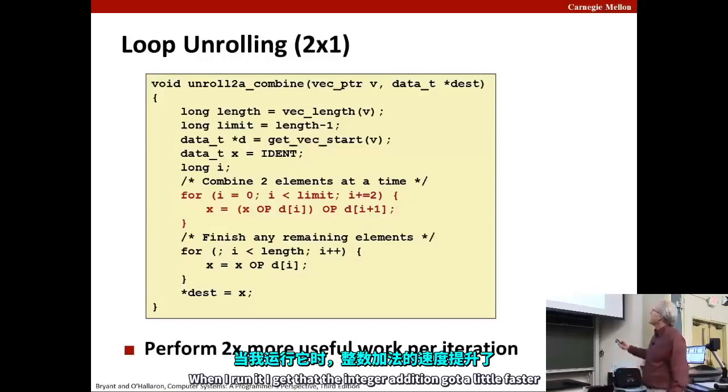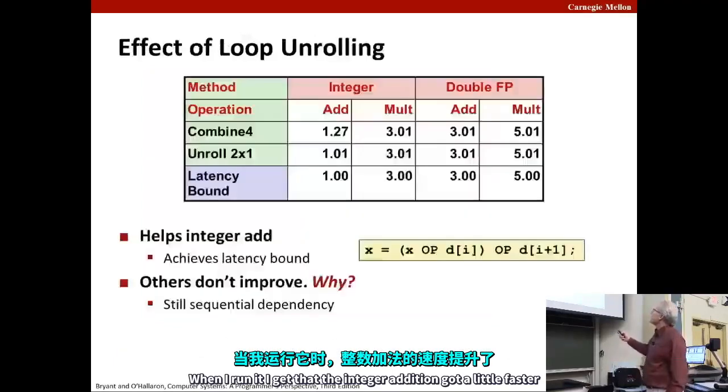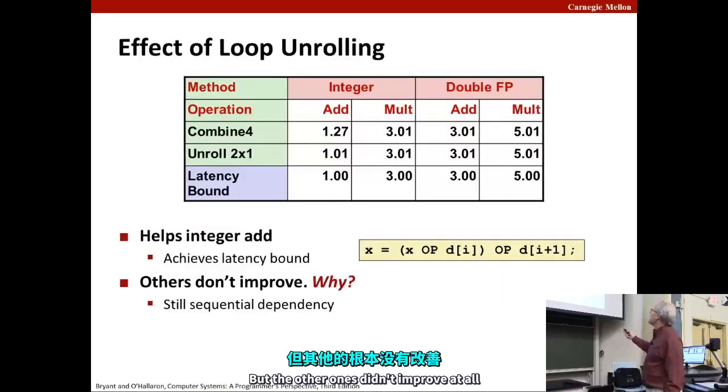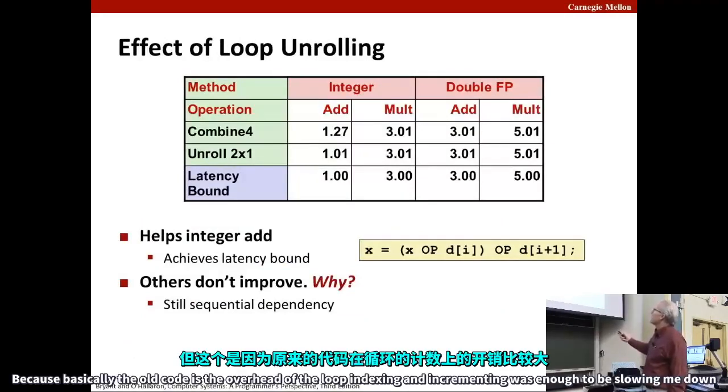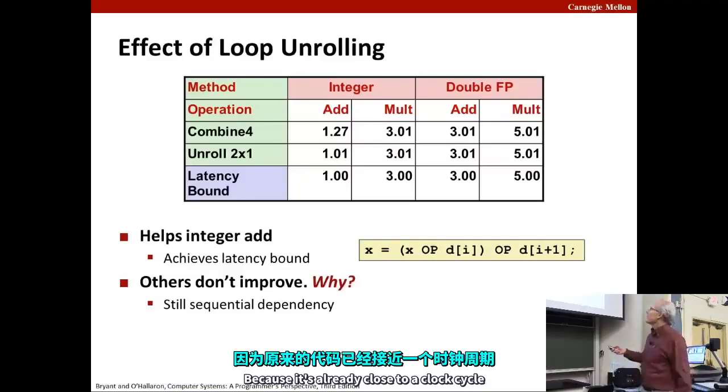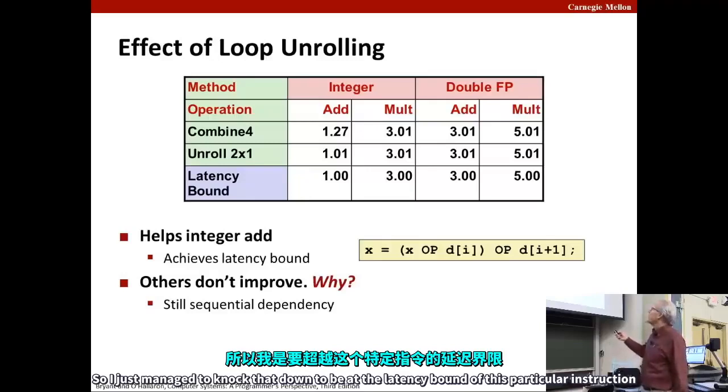Well, when I run it, the integer addition got a little faster, but the other ones didn't improve at all. This one is going faster because in the old code, the overhead of the loop indexing and incrementing was enough to slow me down, since it's already close to a clock cycle. I just managed to knock that down to the latency bound of this particular instruction.